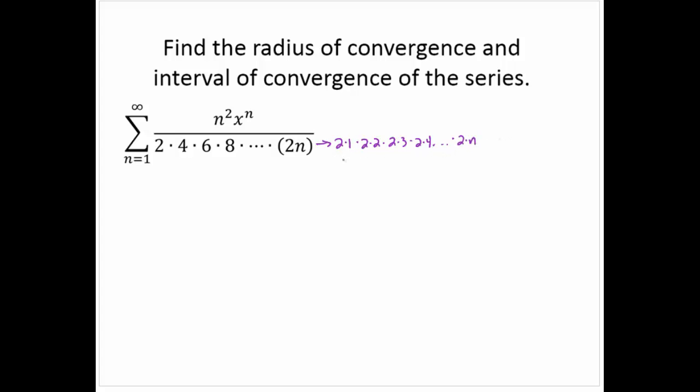And so notice we would have n 2's, and so that would be a 2 to the n, and then what's left over is 1 times 2 times 3 times 4 up through n, and that would be an n factorial. And so a sub n is n squared x to the n over 2 to the n times n factorial. That might be a little bit easier to work with.